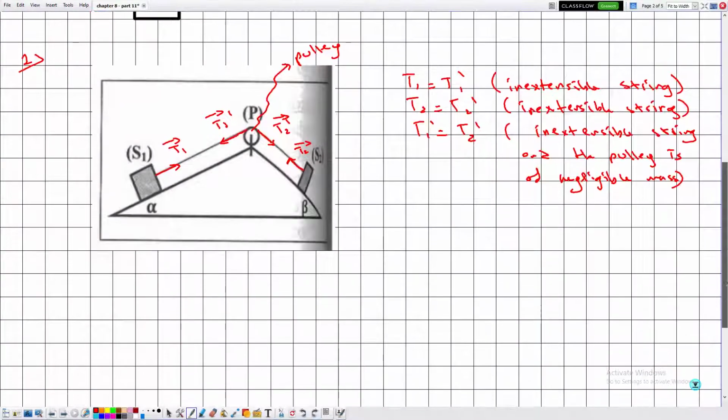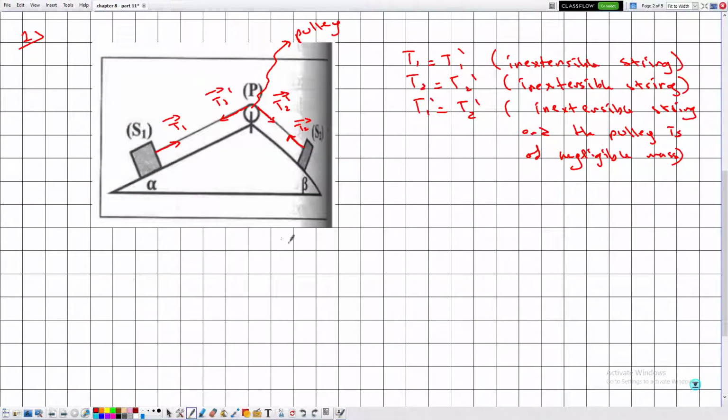And let me explain the reasoning behind this. So why T1 prime and T2 prime are equal in this case, and they are not equal in general.